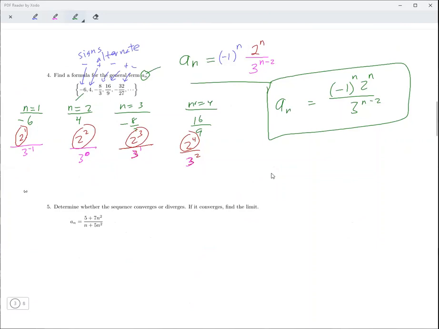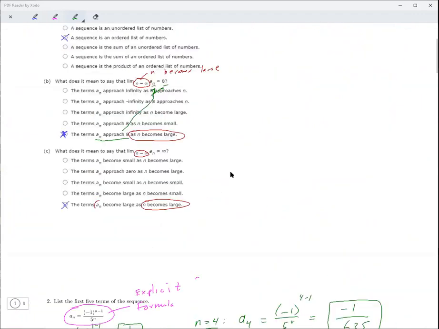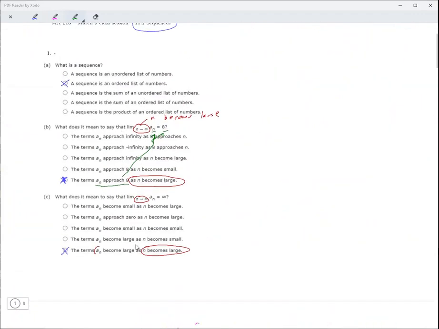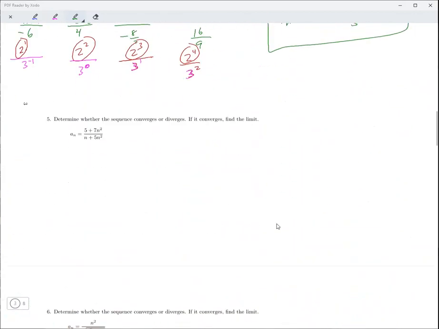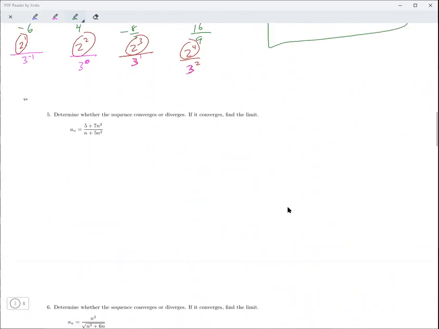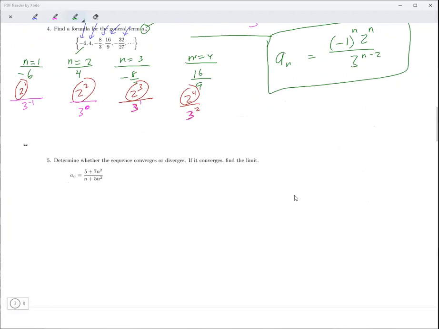Okay, number 5. We're talking about convergence and divergence. We talked a little bit about it up here. This depends on what happens as n becomes large. So in every single case, for convergence or divergence, you're looking at that.